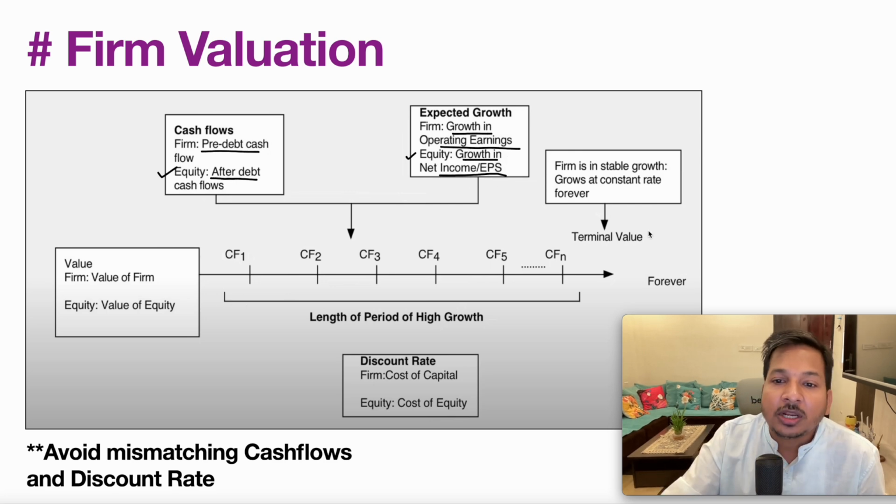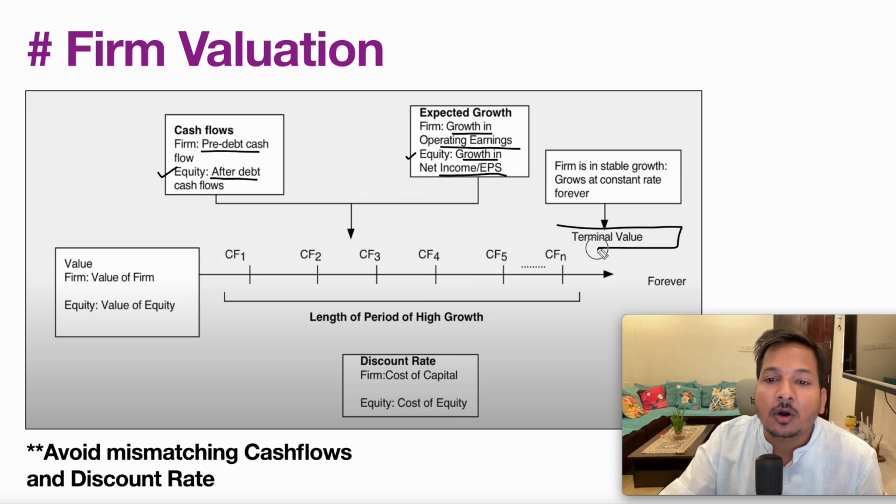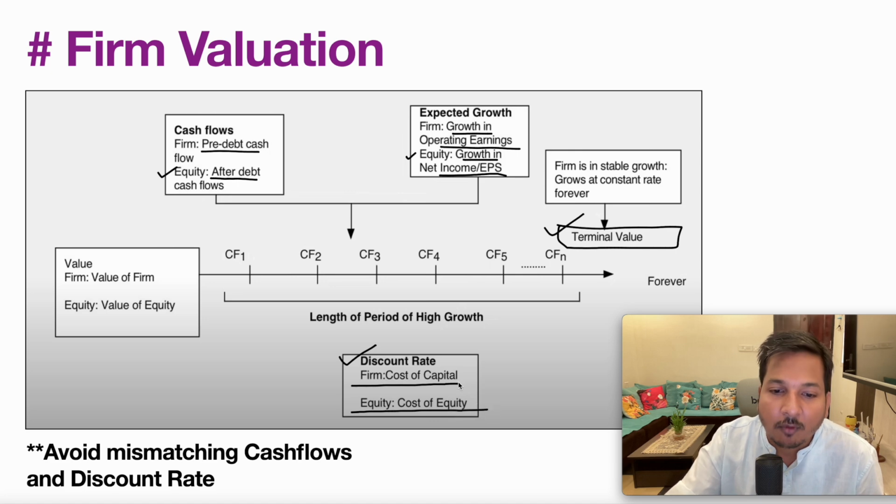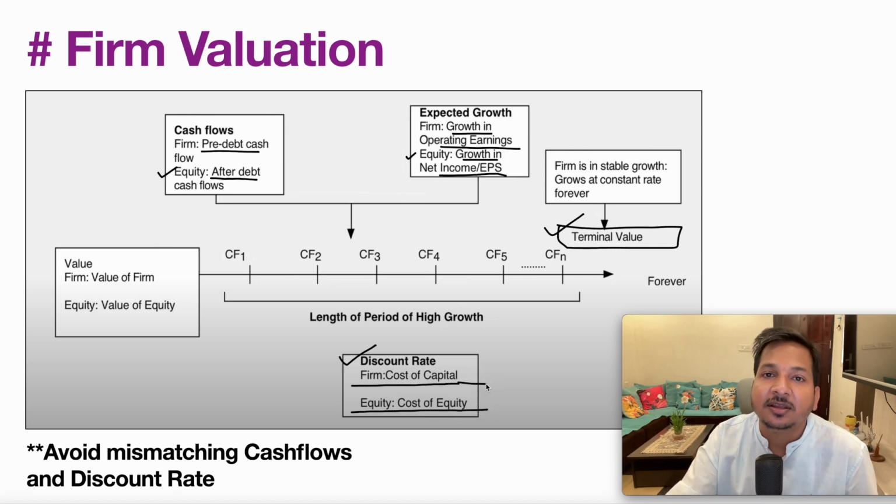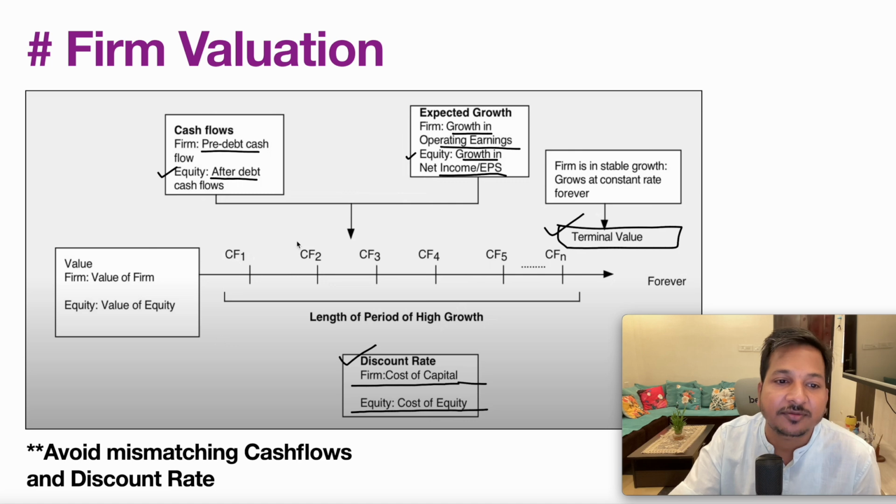Then what can be the terminal value? For how long can you take this cash flow? We will see how to work that out in the next video. And the discount rate: if you are valuing the firm, you have to take the cost of capital, and for equity, the cost of equity. How to arrive at these numbers we will see in detail in the next video.